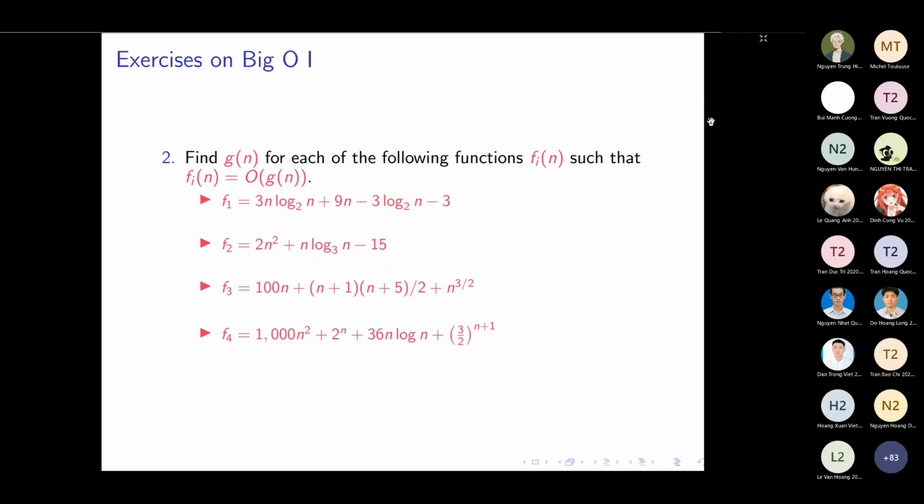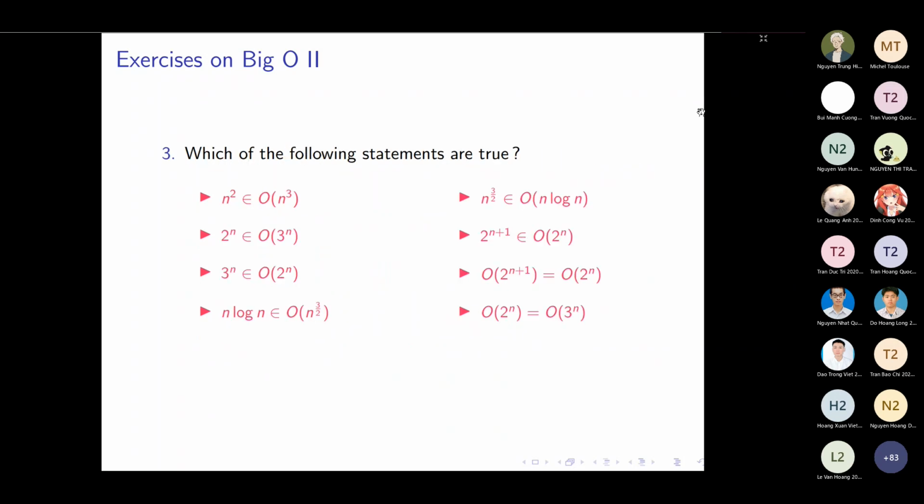I think we can move on. So here, who can give the answer of the first four questions on the left? You can raise your hands. Okay, Ngô Thị Thu Huyền. Yes.